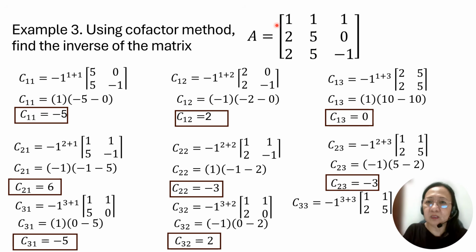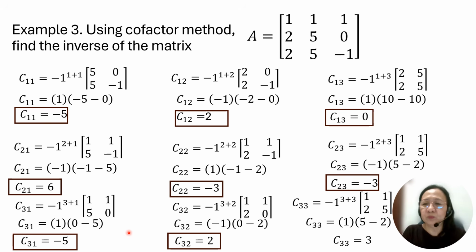What remains in the matrix is 1, 1, 2, 5. Simplifying this, we multiply 1 times 5, that is 5, minus 2. Then 5 minus 2 is of course 3. So our C sub 33 is 3.